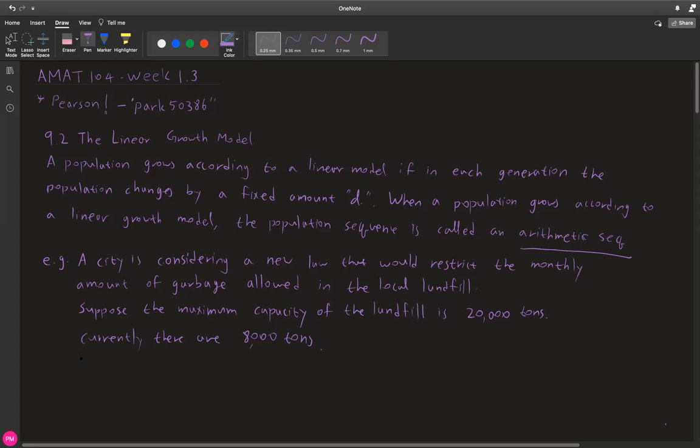So if the monthly maximum is 120 tons, how much garbage will there be five years from now?